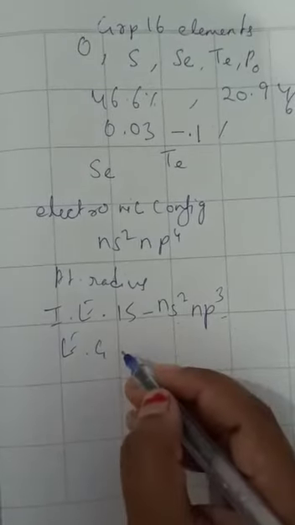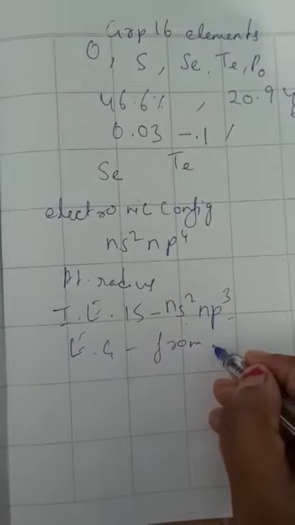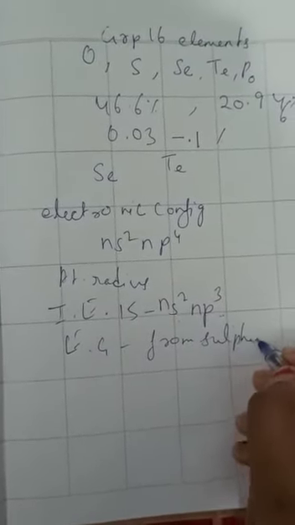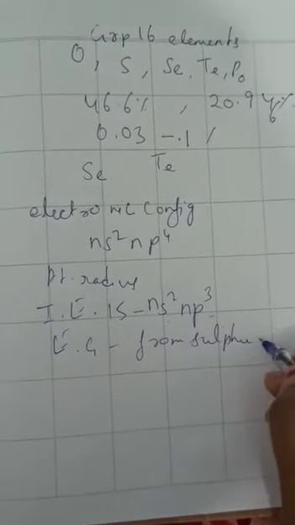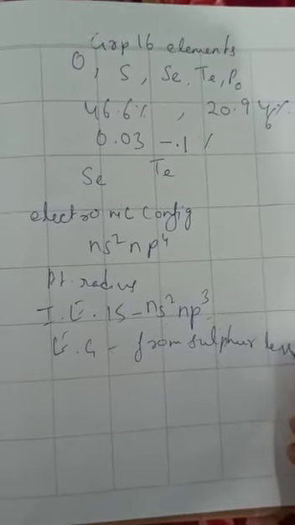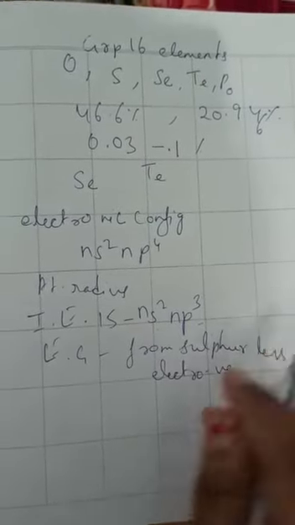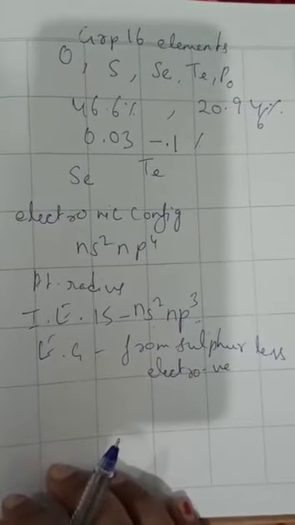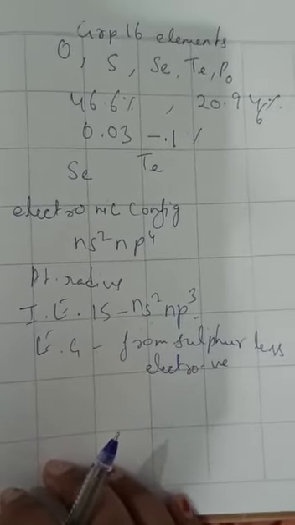Okay, so from sulfur the value becomes less negative as we move from top to bottom up to polonium. Okay, so these are the general properties of the group 16 elements.